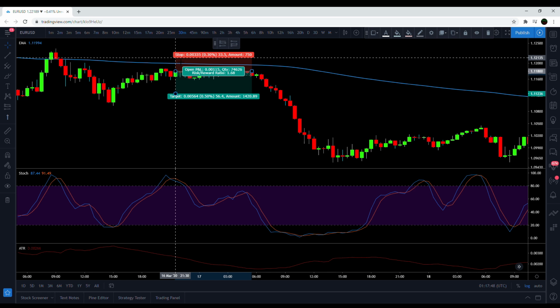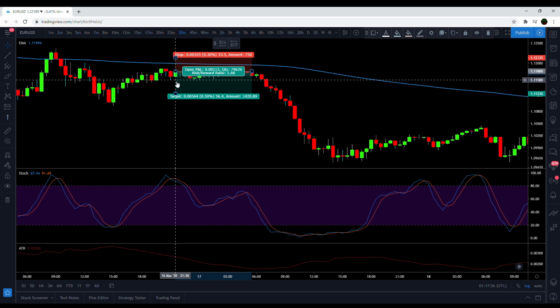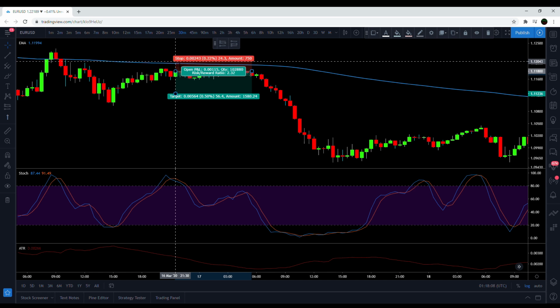So here's an example. We have a cross down on the stochastic that happens above the 80. Price is below the 200 EMA, so yes, we can take that short signal. So we're taking the entry on this candle here. Stop loss, 26 is the ATR value, so 26, close enough.